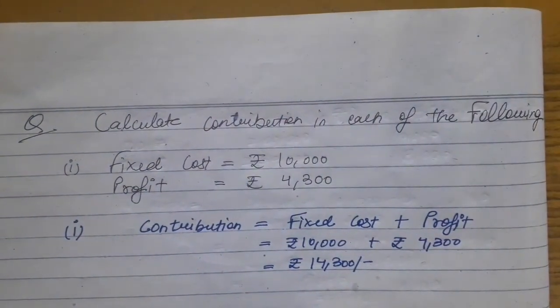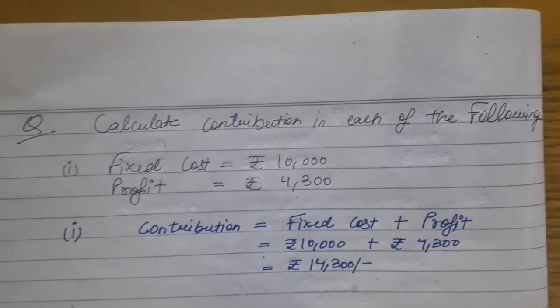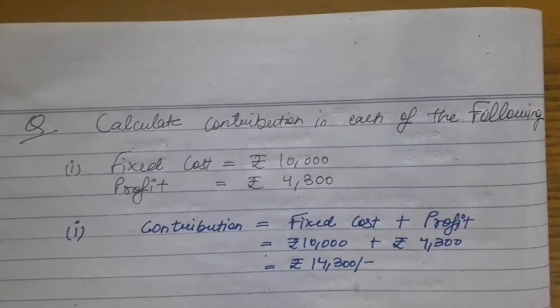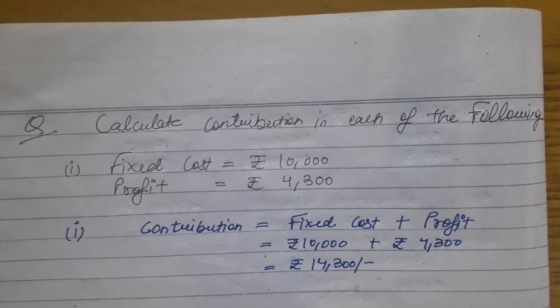So let's calculate contribution in each of the following situations. In the first question, we are given fixed cost is rupees 10,000 and profit is rupees 4,300. By applying the formula contribution is equal to fixed cost plus profit, our contribution comes out to rupees 14,300.